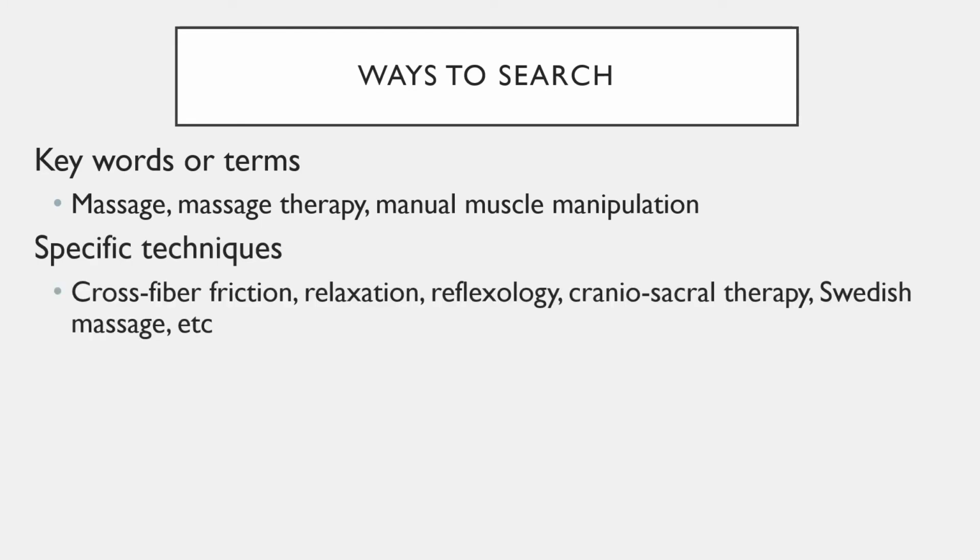So we may want to look specifically for how cross-fiber friction helps with whatever the condition is, low back pain or knee pain. We can look at different techniques, relaxation, reflexology. We can get into all the different types, Swedish massage, Tuina, different things like that. Just again, some different techniques that are available in massage.